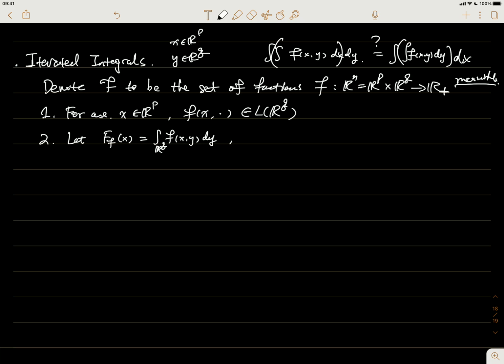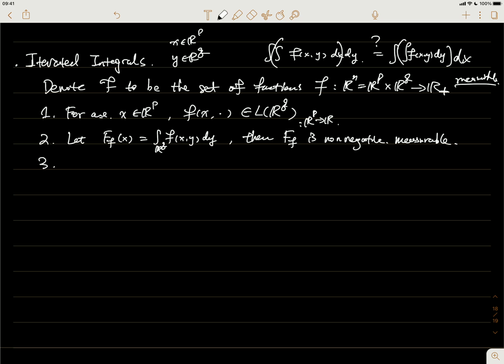If I define my capital F in this way, then capital F is non-negative and measurable. It's a mapping from Rp to R, so when we say measurable, it means that it's measurable over the set Rp.